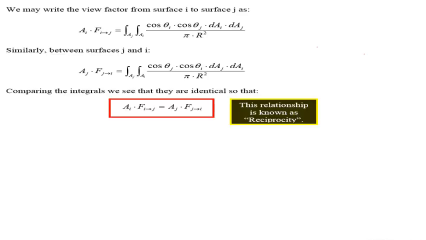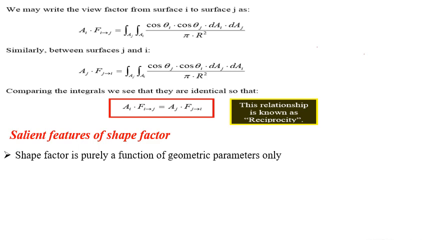Next we will see some important view factor relations, or salient features of the shape factor. The view factor is purely a function of geometric parameters and the surface orientation only, and the view factor always ranges between 0 and 1.